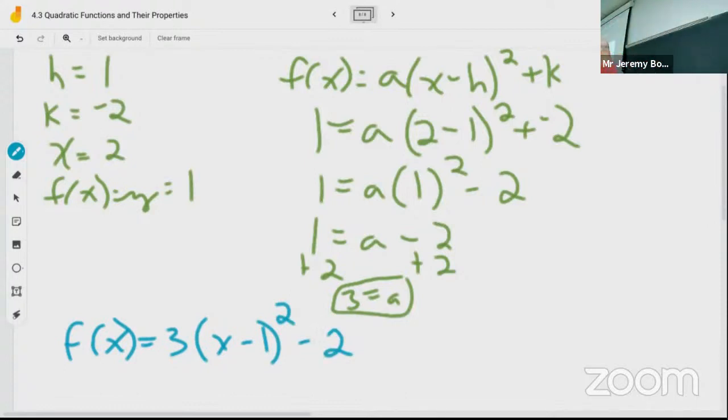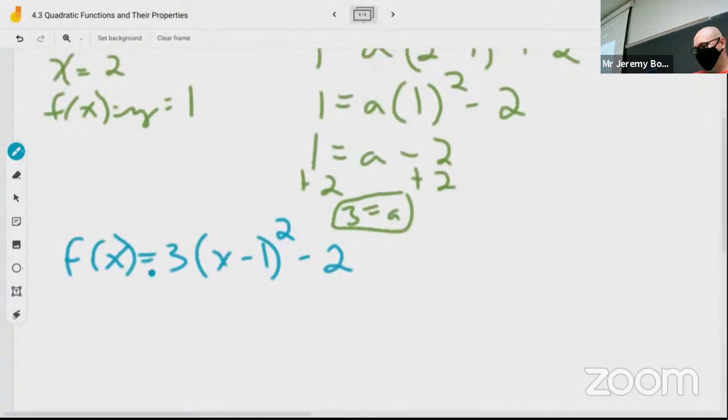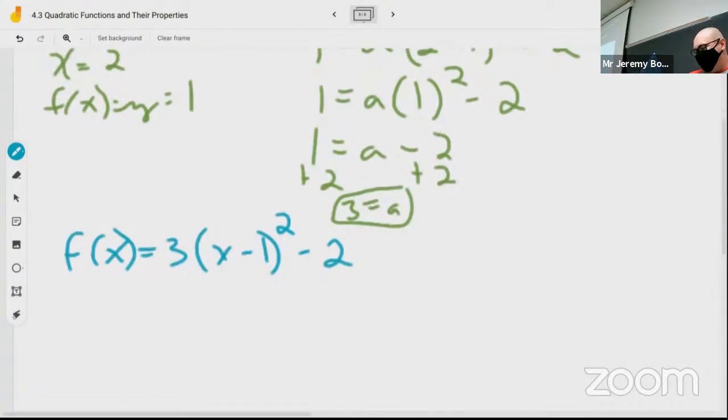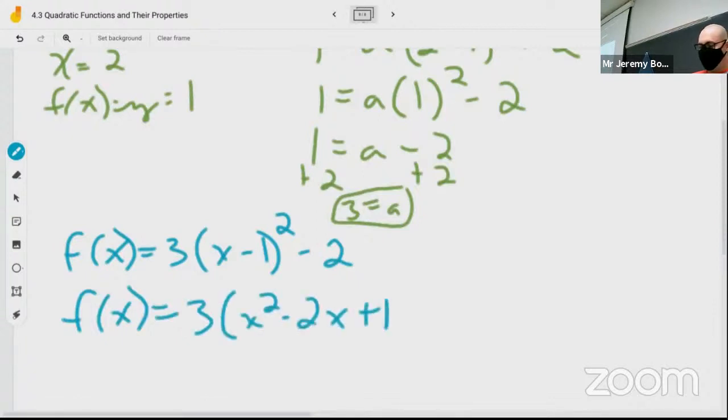There may be one homework problem, I think, where they ask you to put it in like that and not get it in ax squared plus bx plus c. It's just kind of an intermediate problem to get started on it, but just so nobody gets frustrated with that. So we have f of x is equal to 3 times, when we expand that, it's going to be x squared minus 2x plus 1, and minus 2.